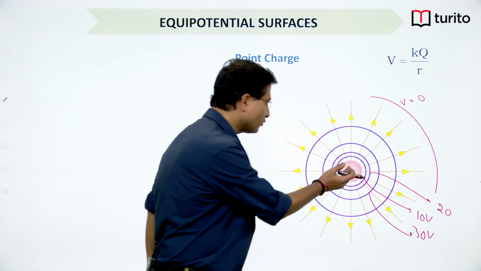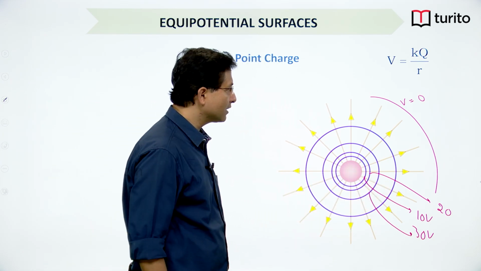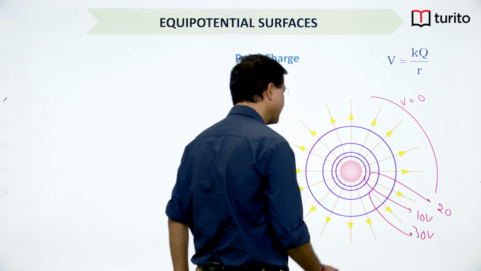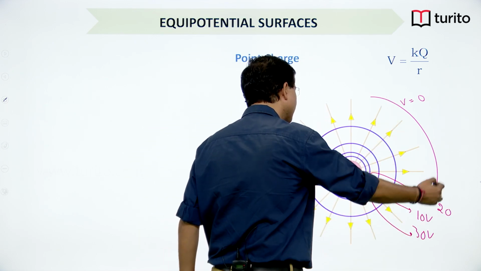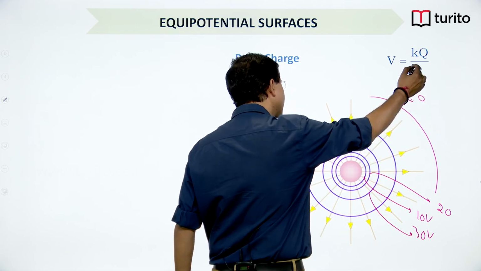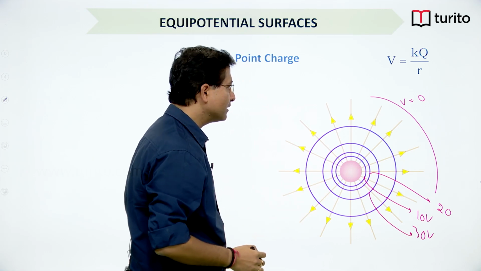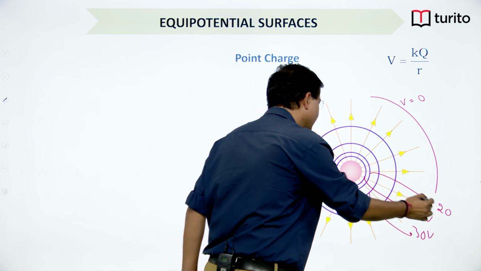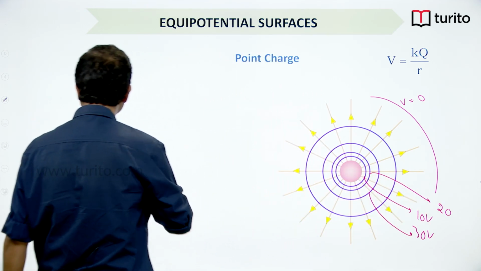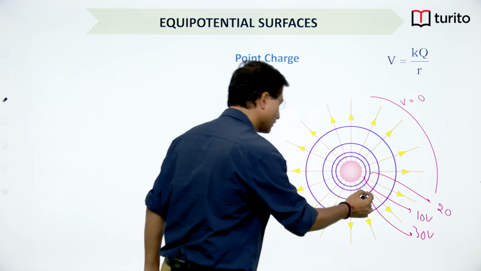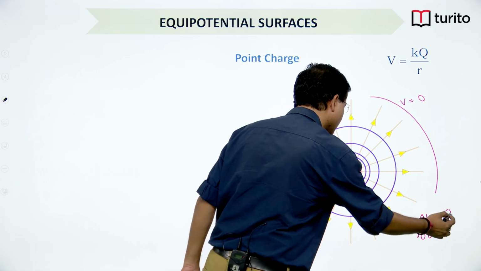So, as you keep going out, potential is increasing, right, but at infinity potential has to be 0 and as r tends to 0, potential has to be infinity. So, that means instead of getting 20 here, it would be like this.